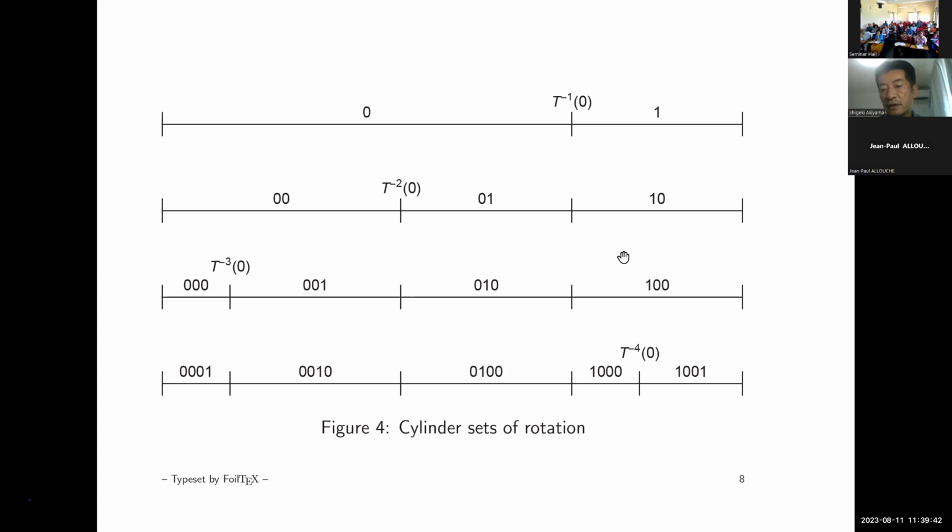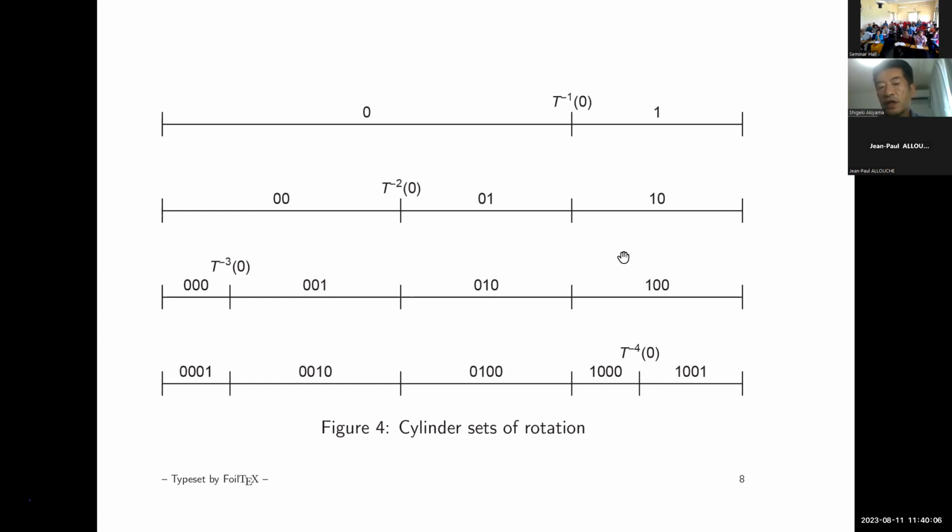Clear? Which means that whenever you start with the range between T to the minus 2 and T to the minus 1, you receive the letters 0 and 1 consecutively. Okay, this is the coding.